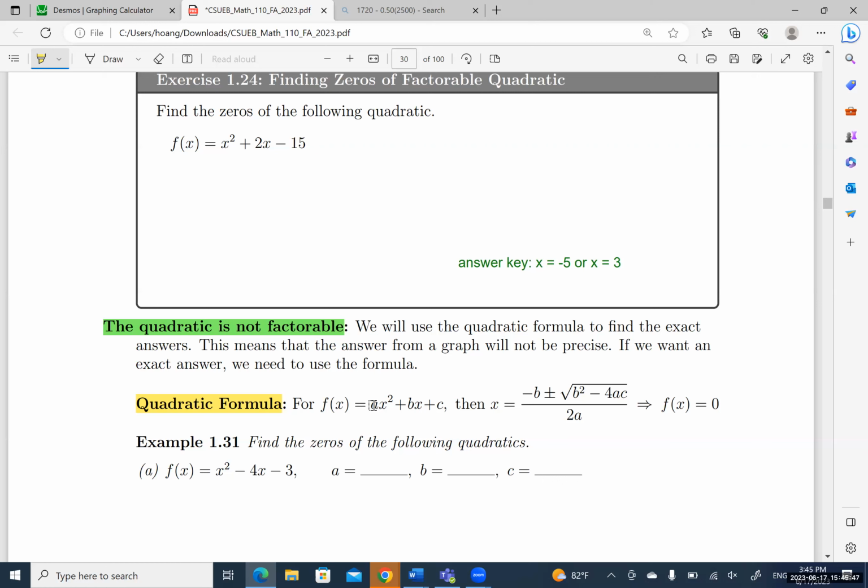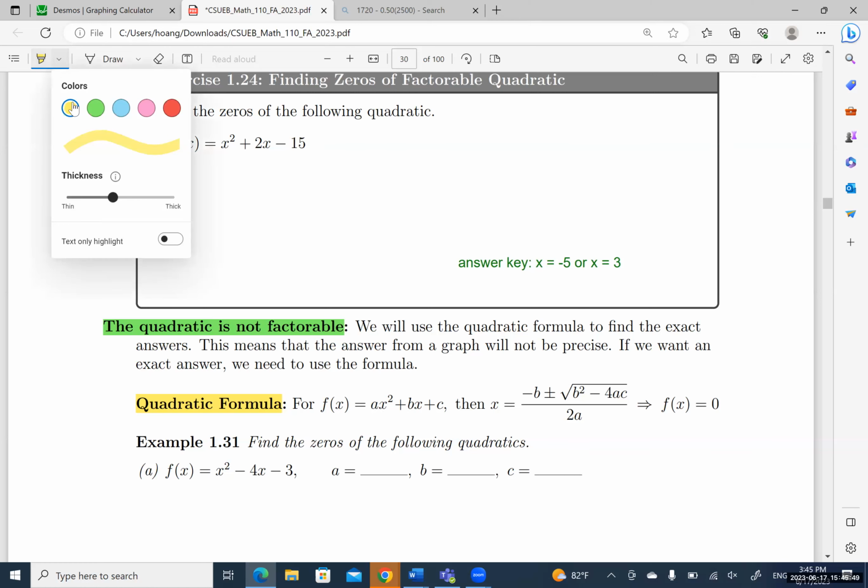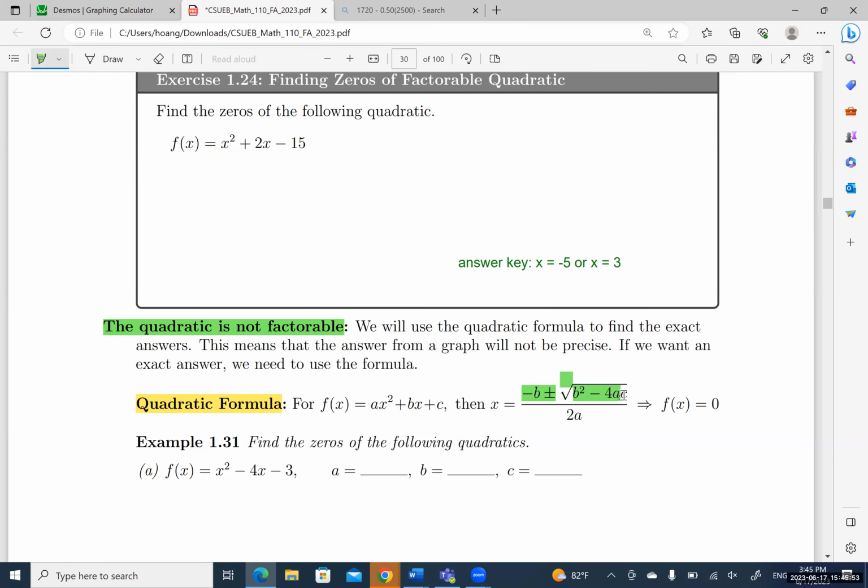Now, the quadratic formula is x equals negative b plus or minus the square root of b squared minus 4ac, all over 2a. So you must list out a, b, and c, and then put them into the formula, right?